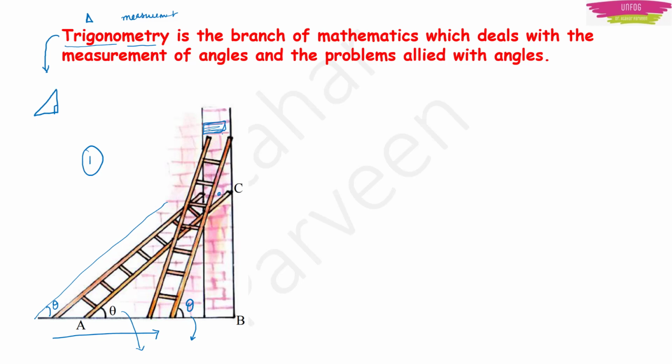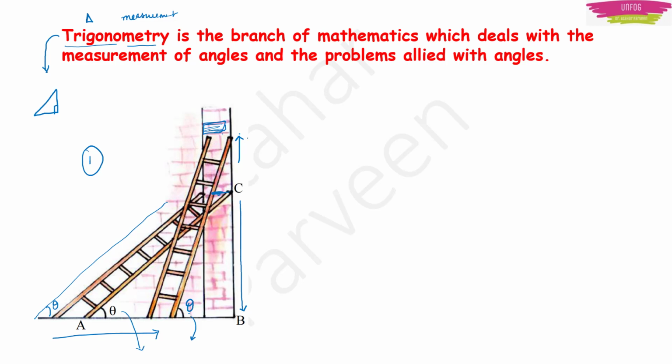In the first situation, where he wanted to paint here, it was the height here. Now if he wanted to change the height till here, then what did he do? He increased the angle of the ladder to change the height on the wall, correct?